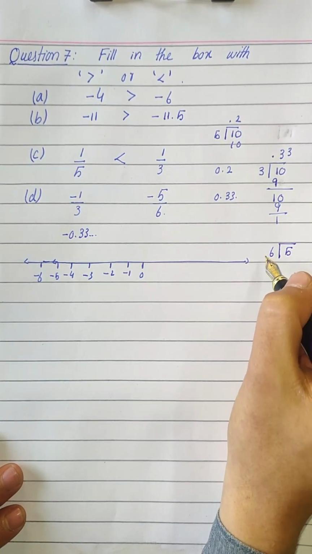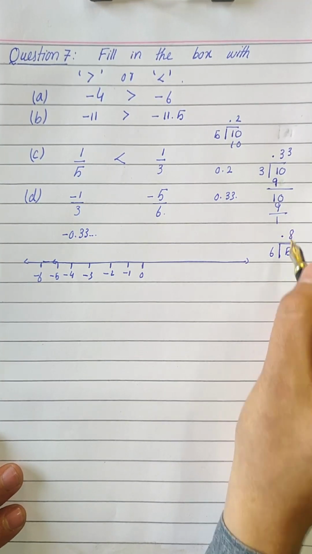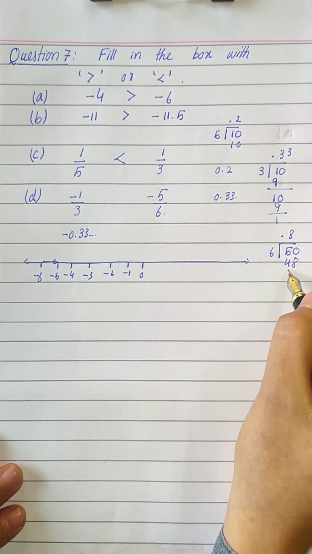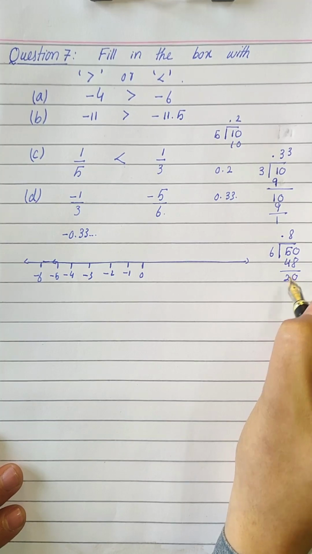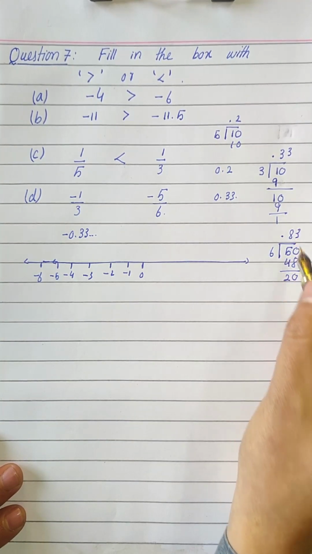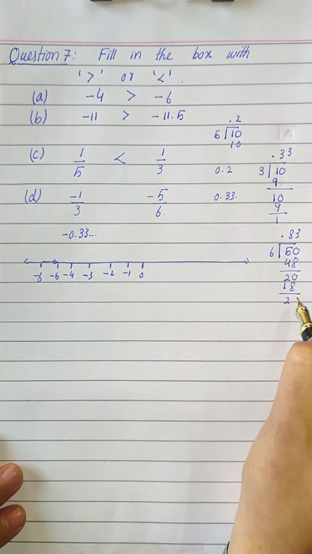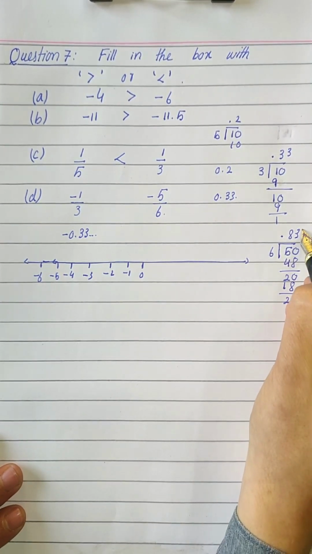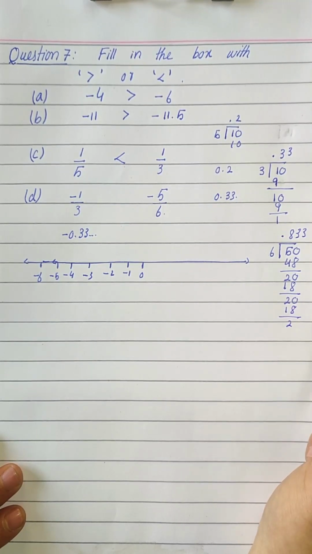Since 5 cannot be divided by 6, we put a decimal point and add a 0, and 6 8s are 48, and 50 minus 48 will be 2. We add a 0, and 6 3s are 18, and there will be 2. We add a 0 again, 6 3s are again 18, and we will be left with 2, and this will continue on.